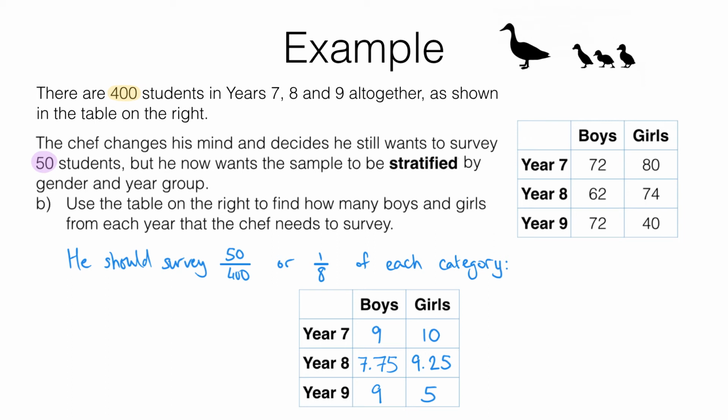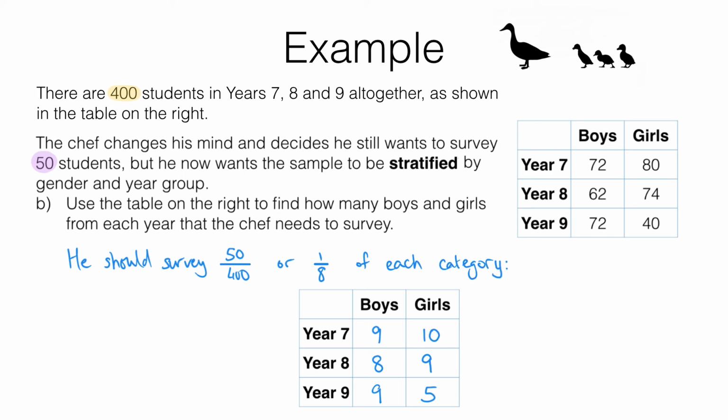Now, because we can't survey these fractions of people, what we can do is round these to the nearest whole numbers. But we just need to make sure that once we do that, we end up getting a total of 50 students. So let's do that and see. 7.75 rounds to 8 to the nearest whole number, and 9.25 rounds to 9 to the nearest whole number.